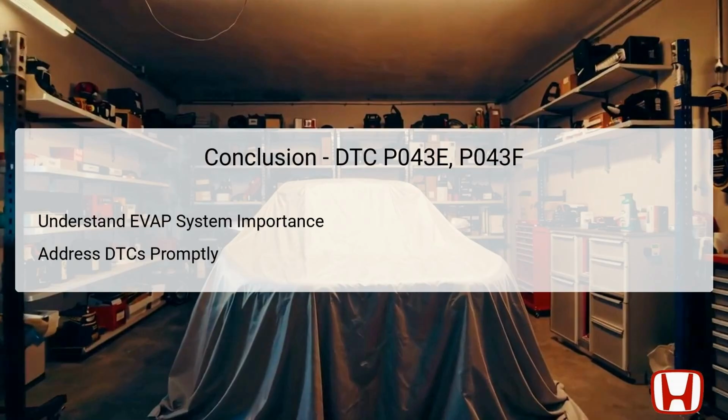Addressing these DTCs promptly is not only essential for compliance with environmental regulations, but also enhances the vehicle's efficiency through meticulous troubleshooting steps, including inspection of key components and using diagnostic tools like the HDS. Mechanics can identify the root causes effectively.